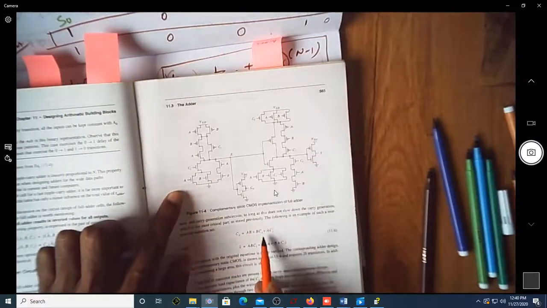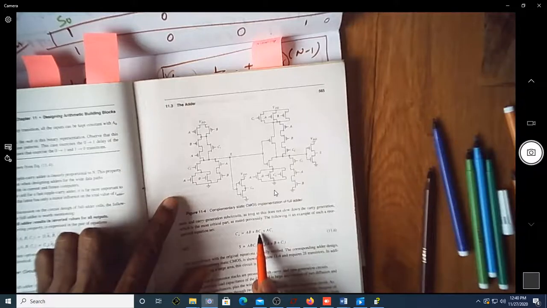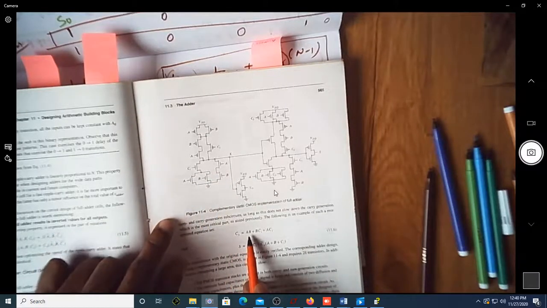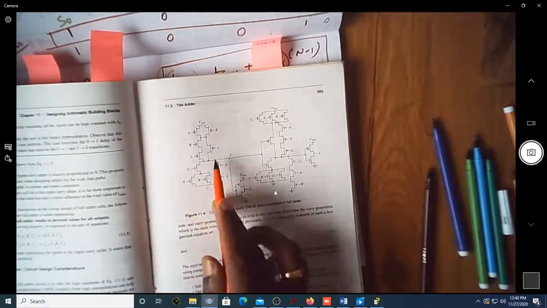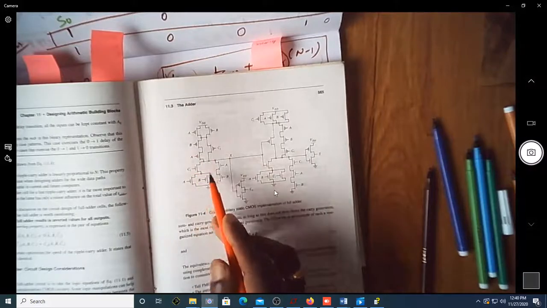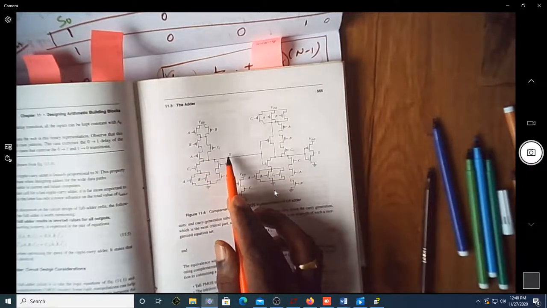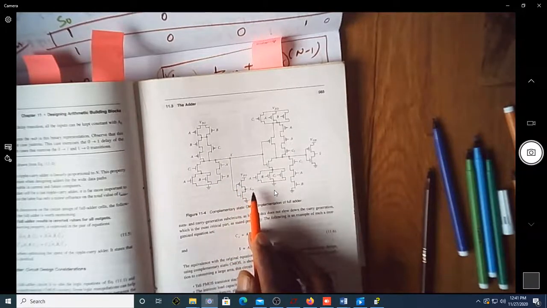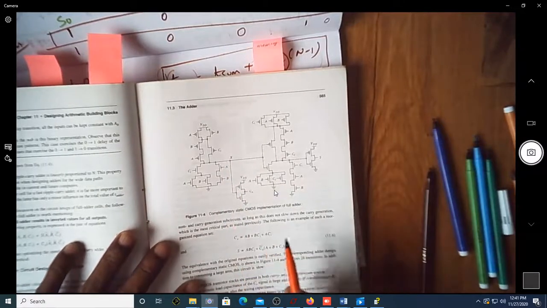If you take Cin as a common factor, it is Cin into (A plus B), and then A into B. So this is the implementation of carry in the pull down network. The pull up network is exactly the dual of that. This is actually C0 bar. You may have an inverter to get C0 here. So whatever we get here at X is actually C0 bar.